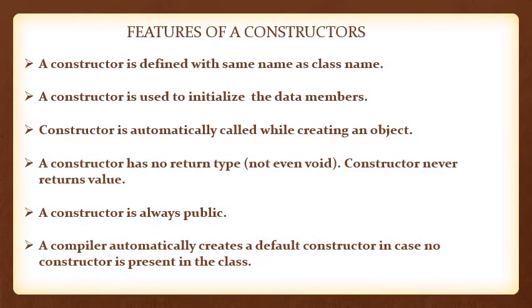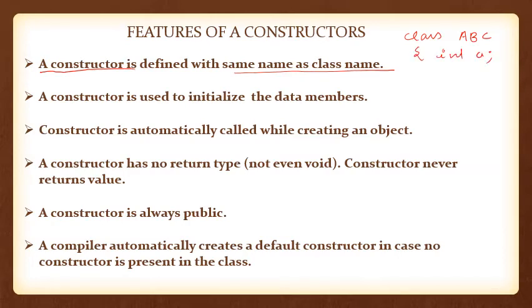Features of a constructor. The first feature of a constructor is that a constructor is defined with the same name as that of a class. So when the name of a function and the name of a class are the same, it is known as what? A constructor function. For example, here is a class ABC, one data member, that is int a.